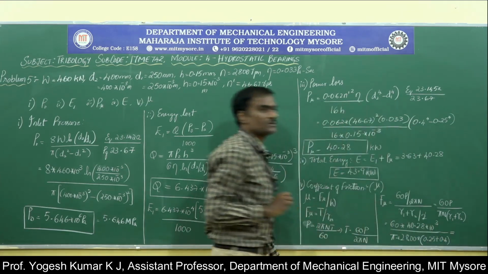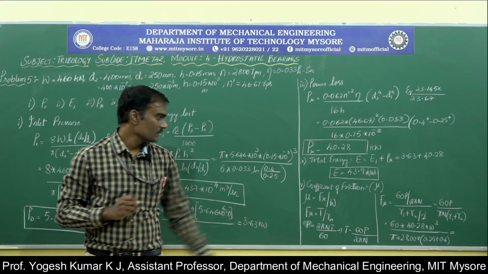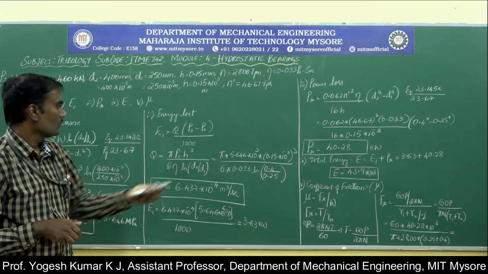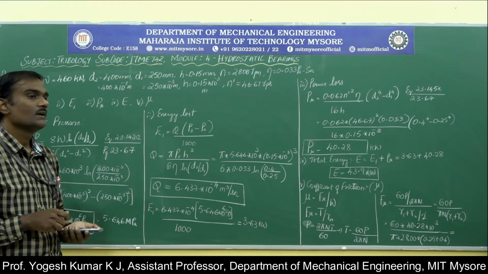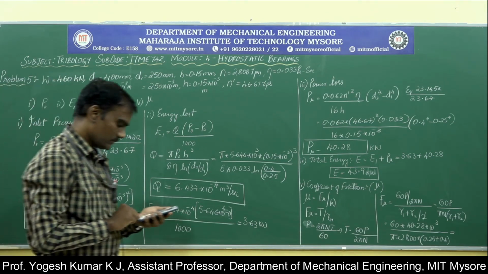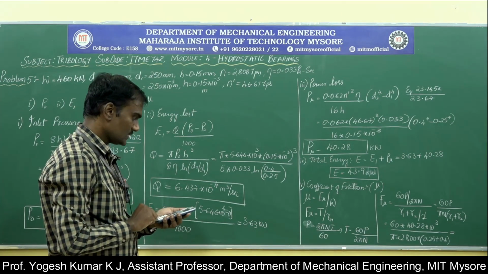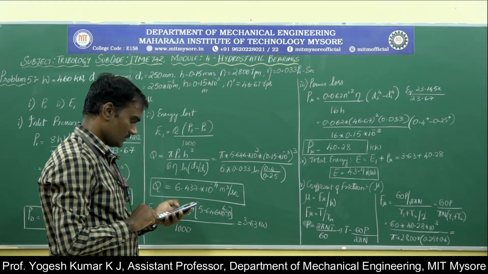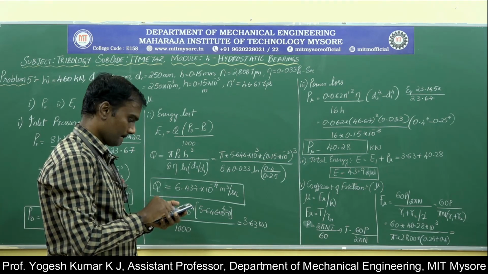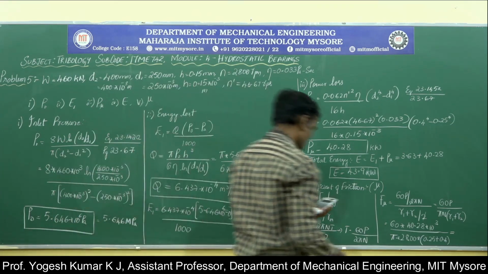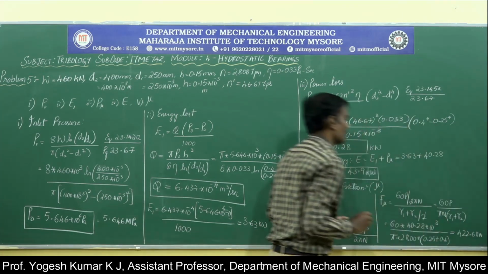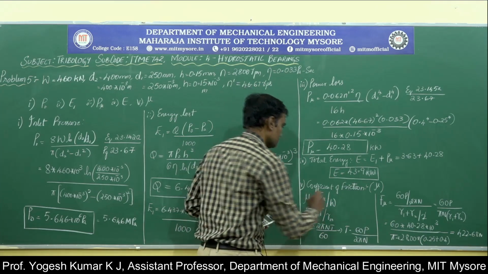So the frictional force that is produced because of this speed of 2800 rpm and a power of 40.28 kilowatts is 60 into 40.28 E3 divided by pi into 2800, which is 422.68 Newton.